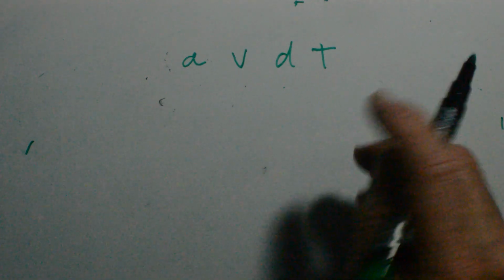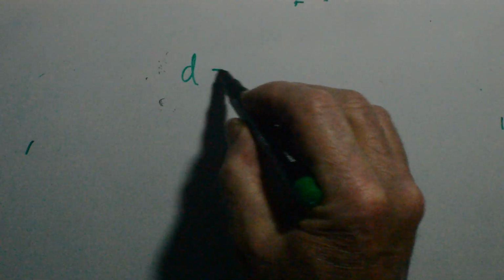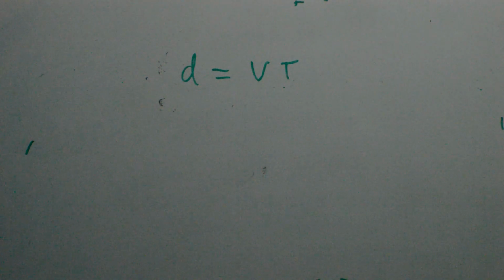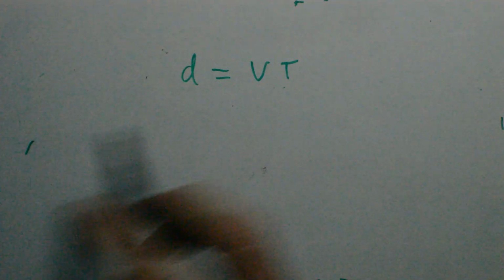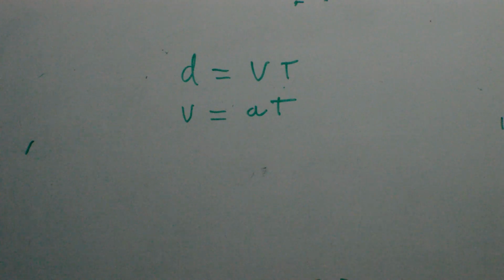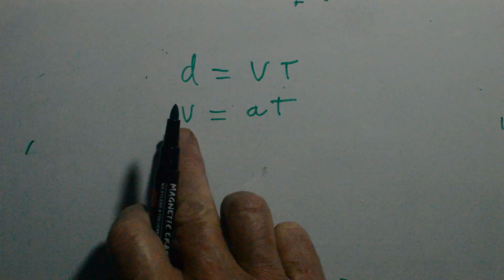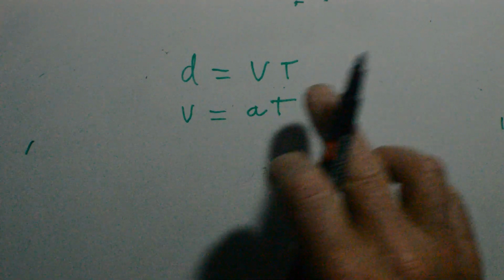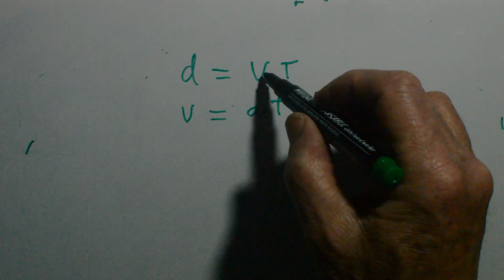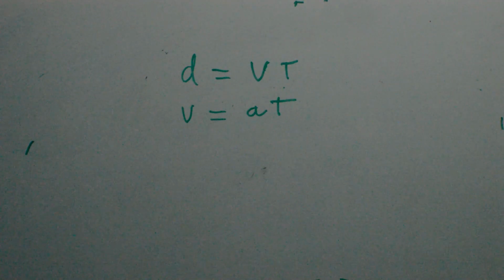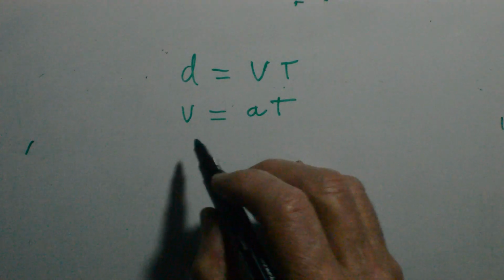So what we're going to do, we're going to start with distance. Distance equals vt, where the velocity is a constant. And then we can go v equals at. But as time goes on, v gets bigger. So if a is a constant, this v is not this one. This is a constant v. This is a varying v. But we can get the average v here.